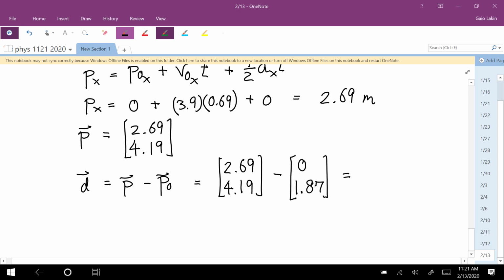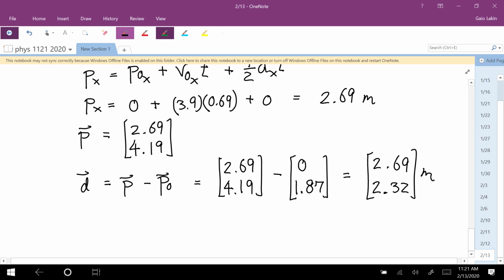And so the x component of the displacement is 2.69. And what's the y component? Okay, 2.32, and that's in meters.